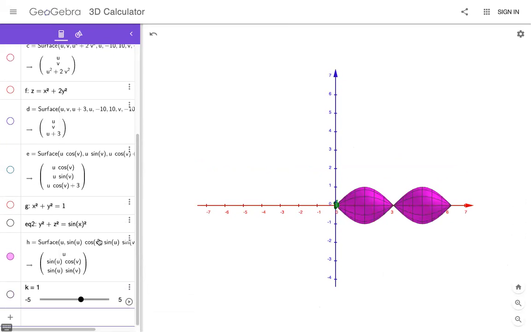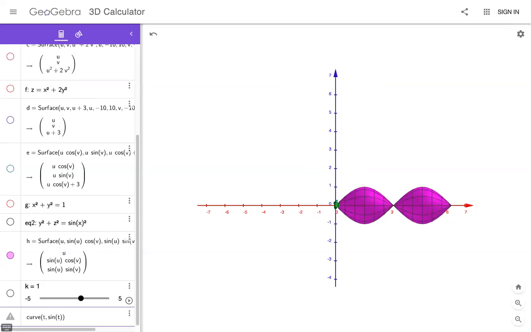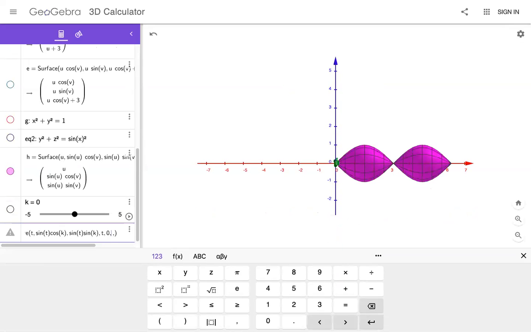And I'm going to say that the curve that I'm interested in is given by x coordinate t, and the y coordinate sine of t times cosine k, and z sine of t sine k, let's start with k being 0, for t going from 0 to 2 pi.